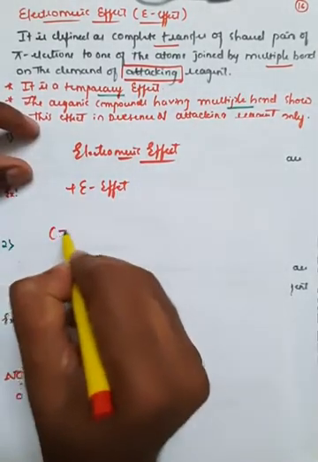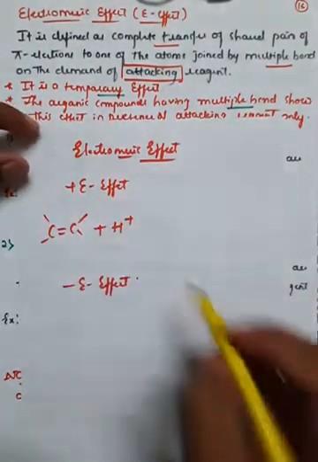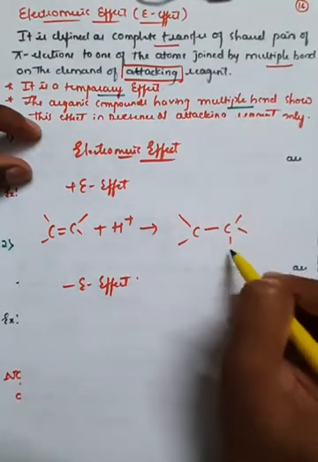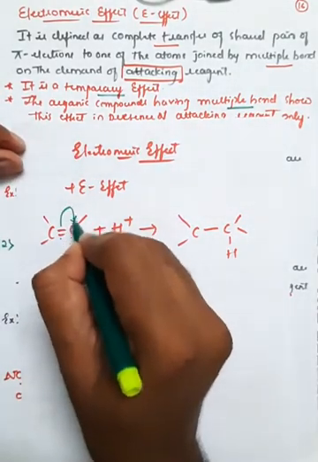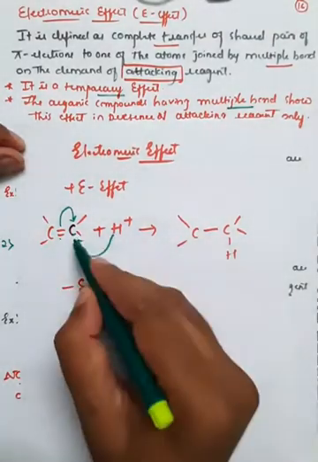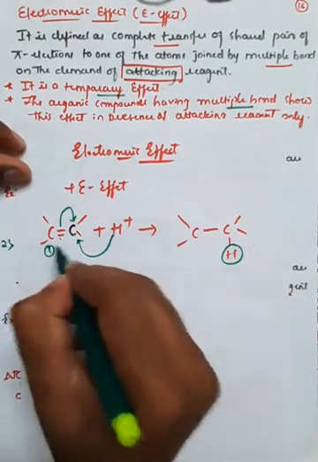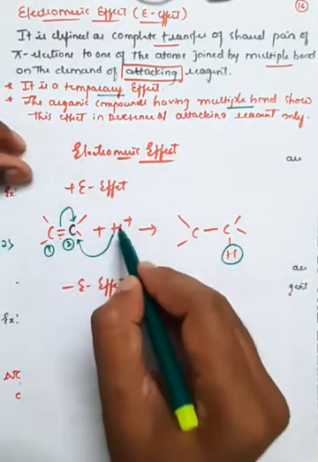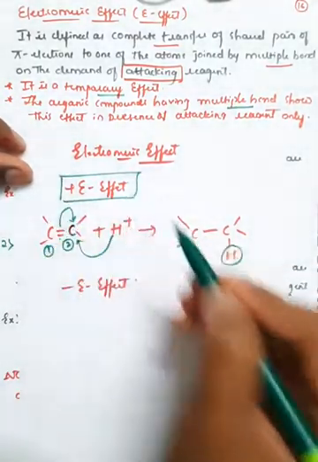Here the carbon is double bonded, and under the influence of H plus, which is called the attacking reagent, the shifting of this double bond takes place on the same carbon atom to which the hydrogen also attaches. This is the product. Here hydrogen is attached to the second carbon. If you number them, this is the first carbon, second carbon. The double bond also shifted to the second carbon, and the hydrogen is also attached to the second carbon atom. If this type of effect takes place, we call it the plus E effect.